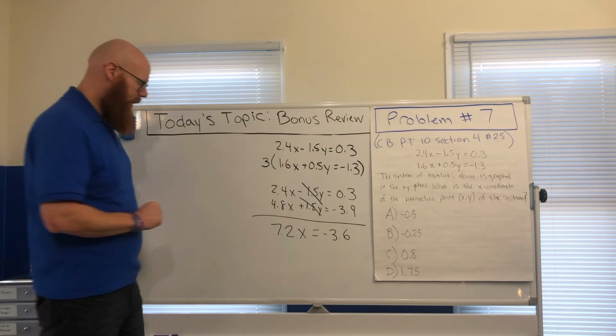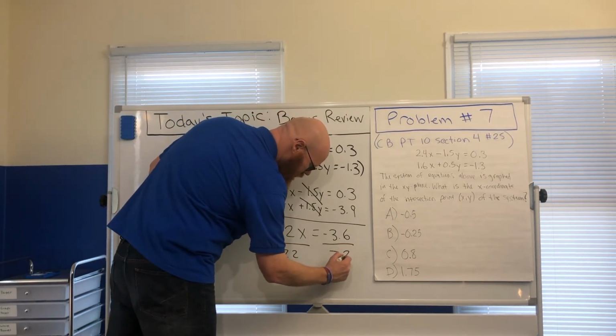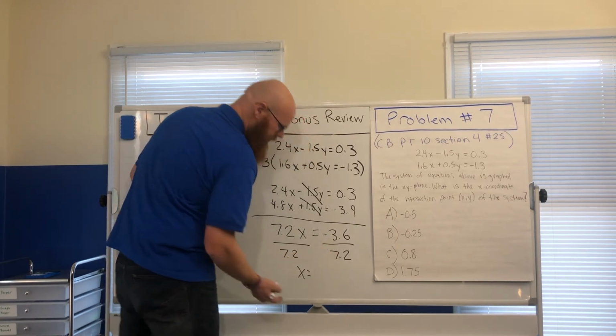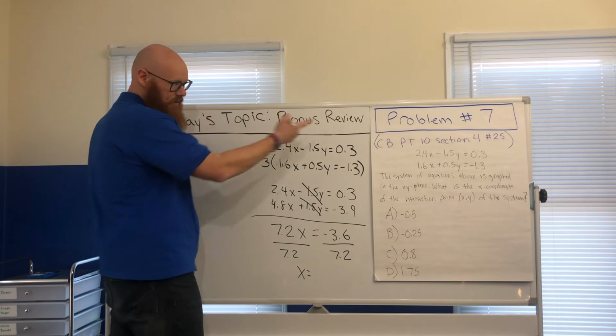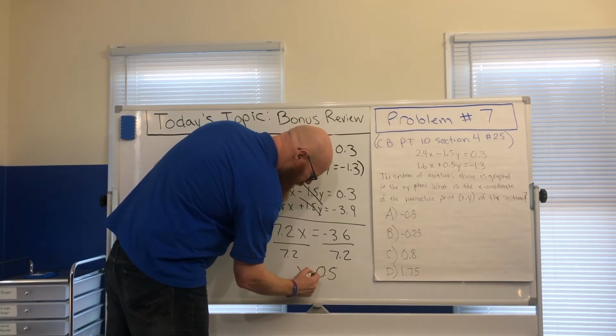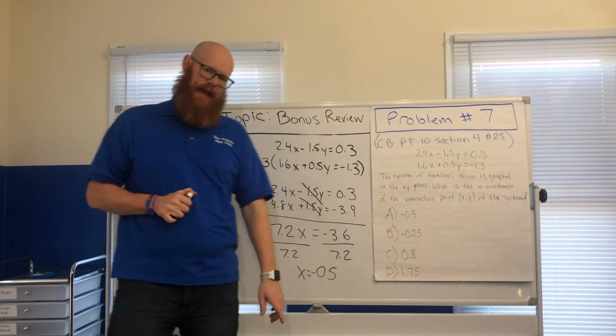All right, and then finally, I'm going to divide by 7.2. So x is, if you divide these, a negative divided by a positive is a negative. This is section 4, you would have a calculator for this. So you would get 0.5, and that would be negative. And that is answer choice A.